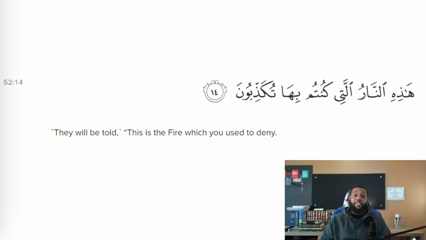So in this next example here, we see allati, which is the singular feminine form of the relative pronoun. And so we see here, هذه النار التي كنتم بها تكذبون. And I've mentioned an example of this earlier in this lesson, right? هذه النار, right? هذه is feminine, and nar is feminine, right?